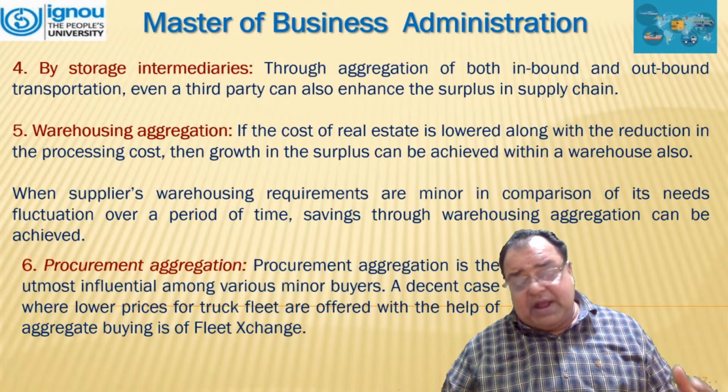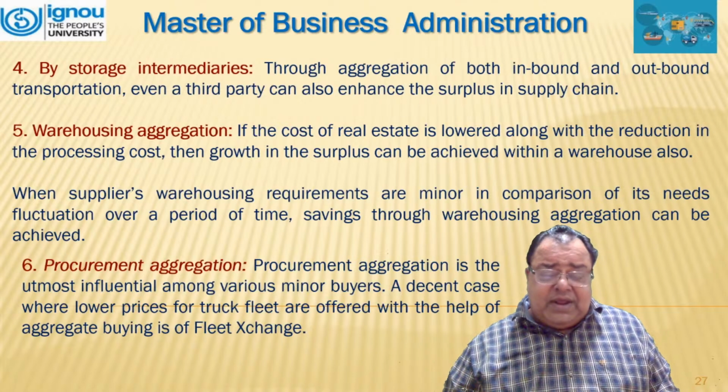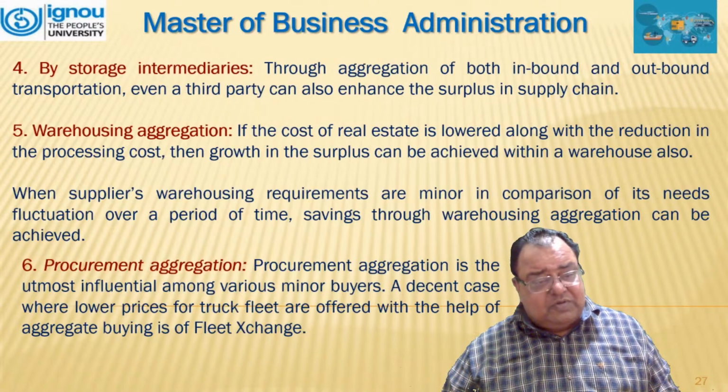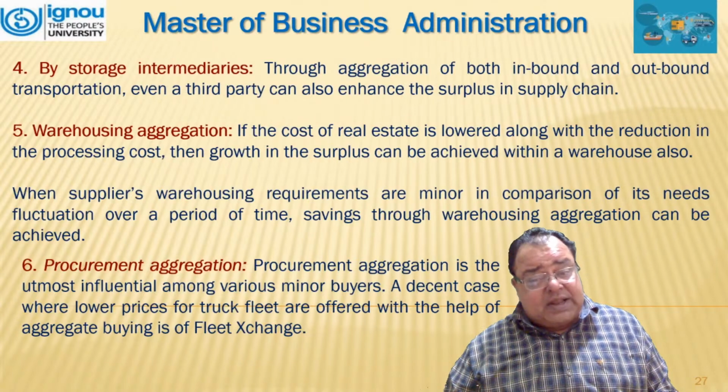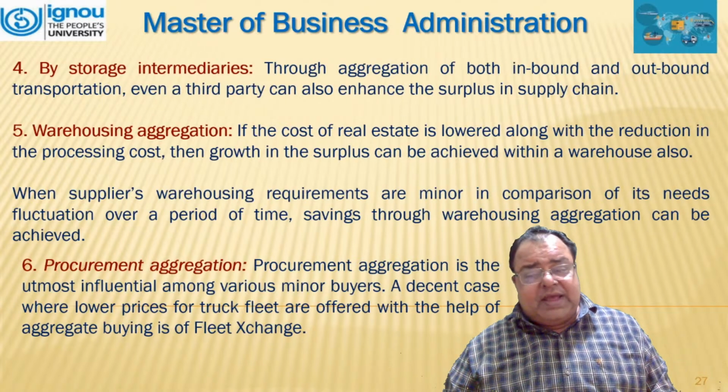Then comes warehousing aggregation. If the cost of real estate is lowered along with the reduction in the processing cost, then growth in the surplus can be achieved within a warehouse also. When suppliers' warehousing requirements are minor in comparison to their need, fluctuating over a period of time, saving through warehousing aggregation can be achieved.